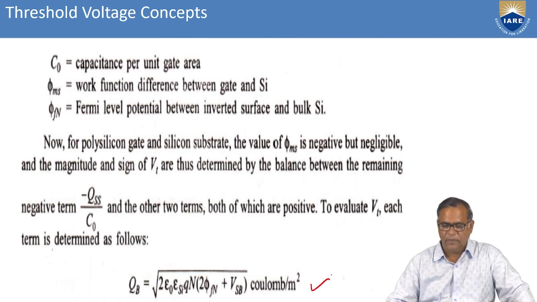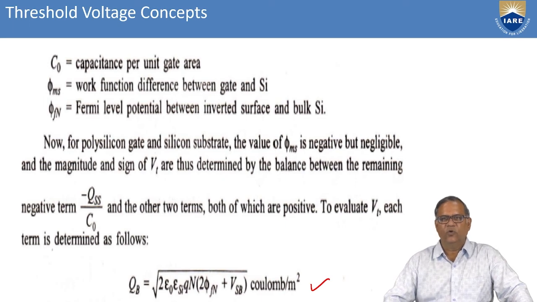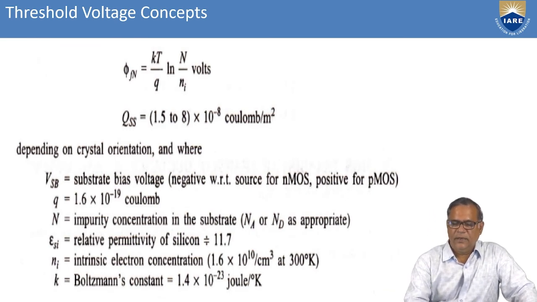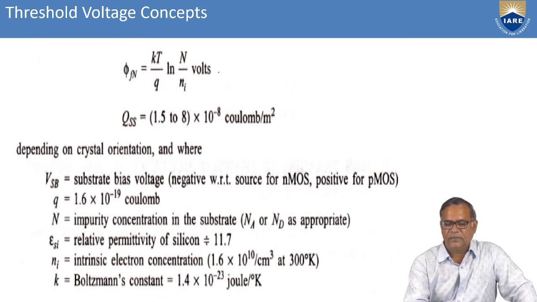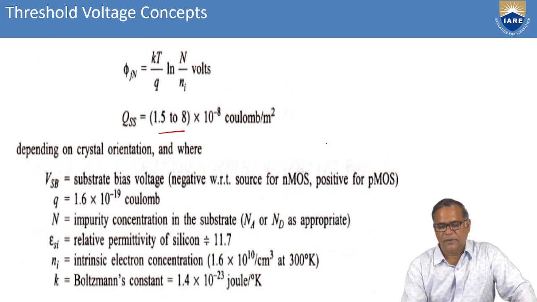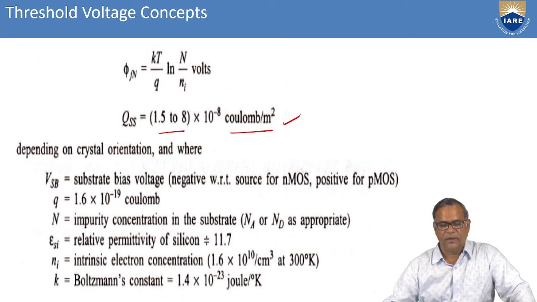Qb is equal to minus 2 into square root of epsilon naught epsilon Si q N into (2 phi Fn plus Vsb) coulombs per meter square. This is a charge density. And phi Fn is equal to kT by q into natural logarithm of N by Ni. And Qss is equal to 1.528 depending upon the material into 10 to the power minus 8 coulombs per meter square.